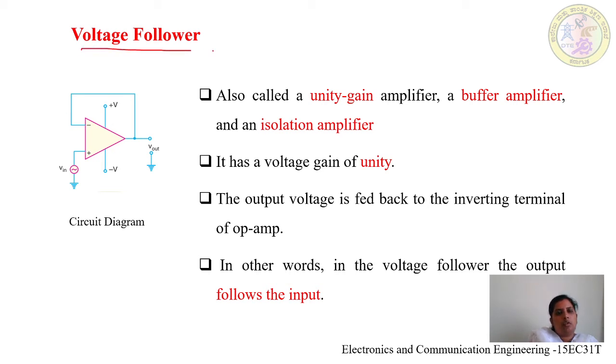This voltage follower is also called a unity gain amplifier, buffer amplifier, isolation amplifier, or non-inverting buffer. It has a voltage gain of unity. That's why it is called a unity gain amplifier.